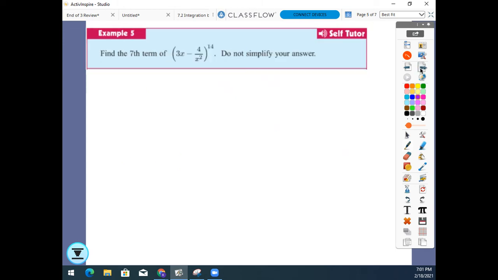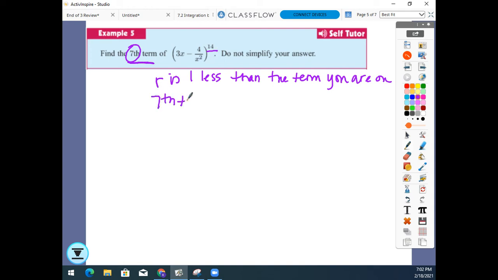So one thing that you want to understand, R is 1 less than the term you are on. Okay, so for example, if I want the 7th term, so this means I don't need to expand all 15 terms. I only want the 7th one. If I want the 7th term, that means R is 6.